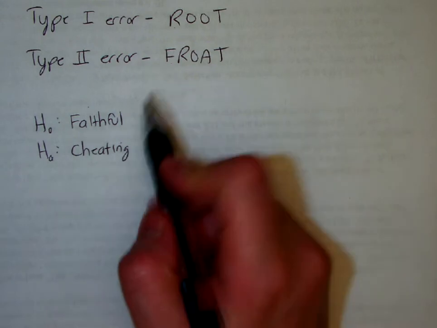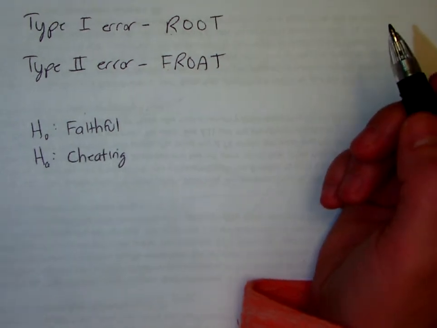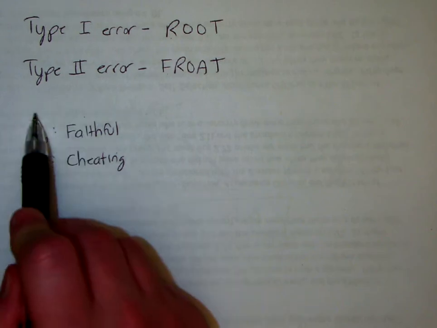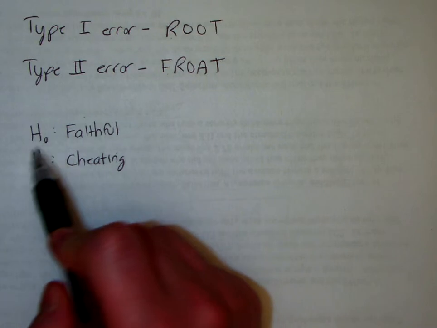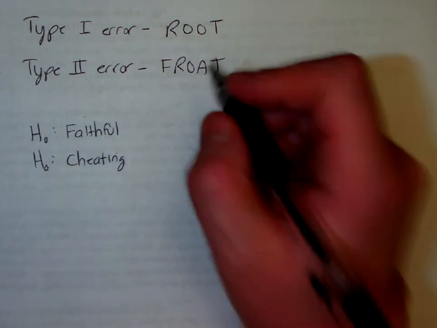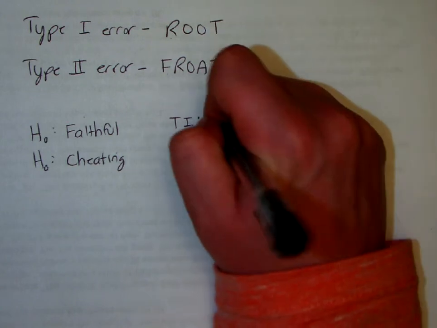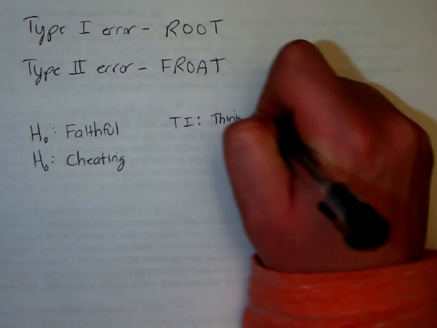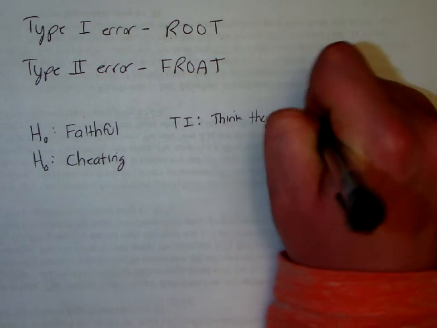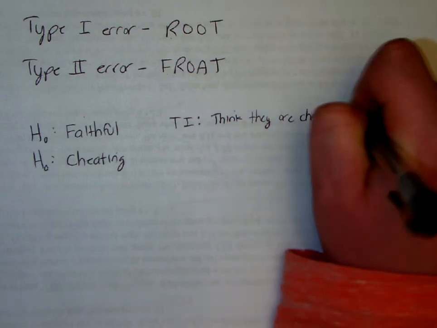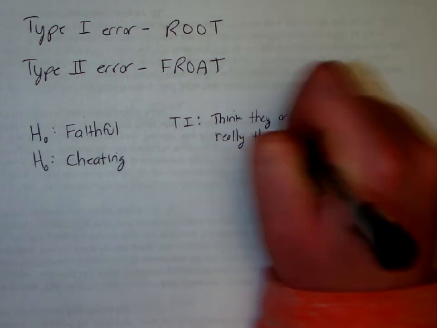So if you're making a type 1 error in this situation, you are rejecting the null hypothesis. So let me do this, type 1, you think they are cheating, but really, they are faithful.